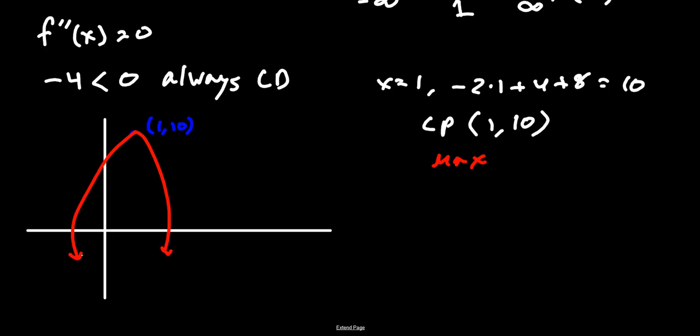That's good enough, though. You get the idea. This point right here, as you can see, the slope of the tangent line is equal to 0. And this is significant because when the slope of the tangent line is 0, we either have a minimum or a maximum. And in this case, this is the absolute maximum of this function, at (1, 10).